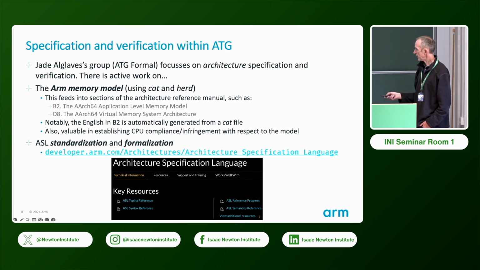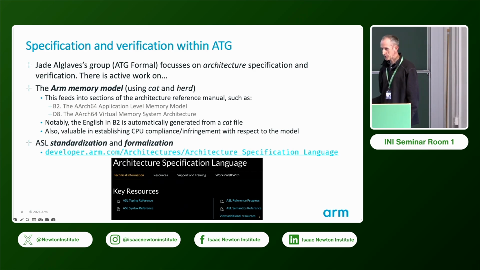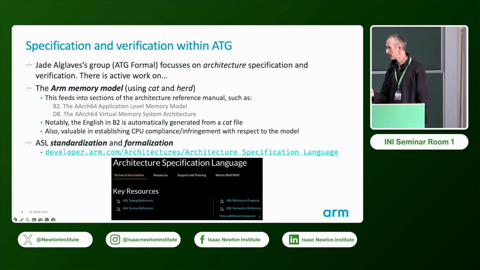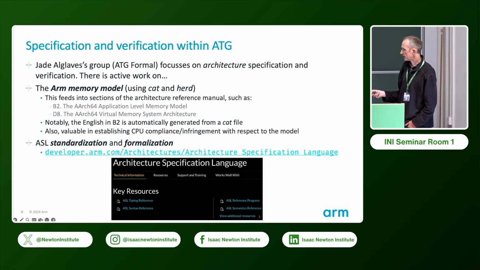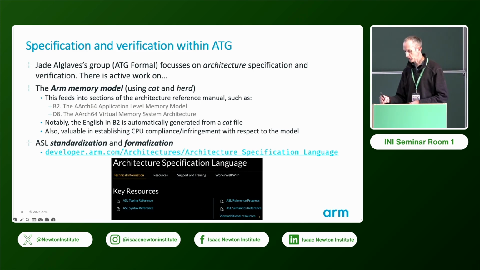And there's 4 key documents there. So we've got a language typing reference, a semantics reference, a syntax reference, and there's also a document telling you about how much progress is being made and what's left to be done. So a lot of this is in an alpha stage, so it's still work in progress, but this is out there for early access.